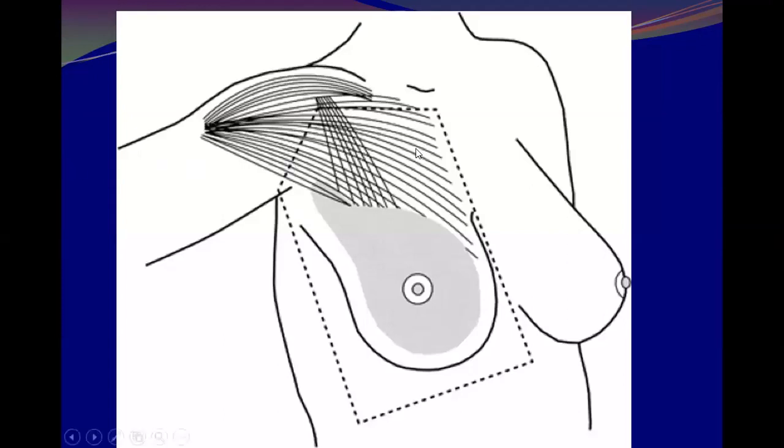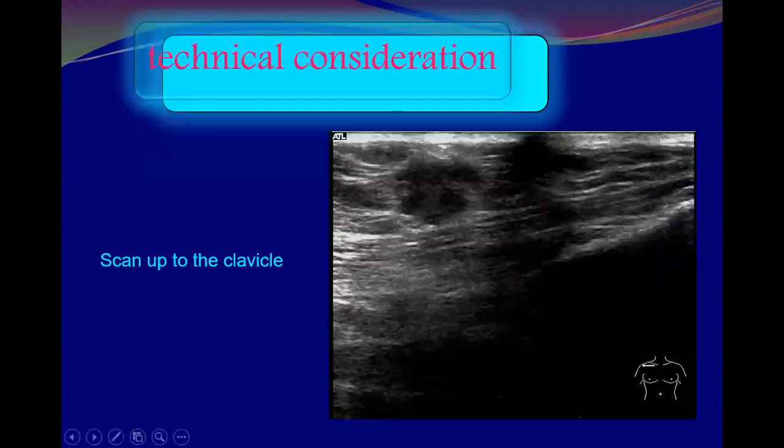Also, you remember we discussed before that breast tissue extends to the midline, to the mid-axillary line, up to the clavicle, to the axillary tail, and down. There are variations in the extent of the breast inferiorly or caudally, so we have to consider this while scanning the breast.